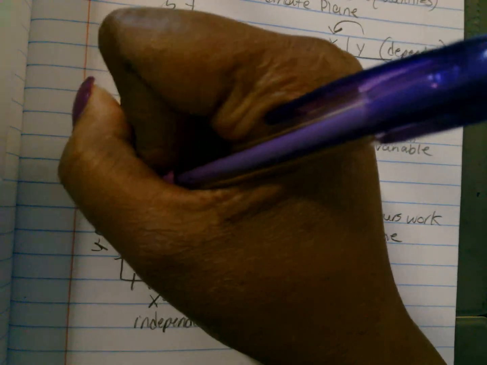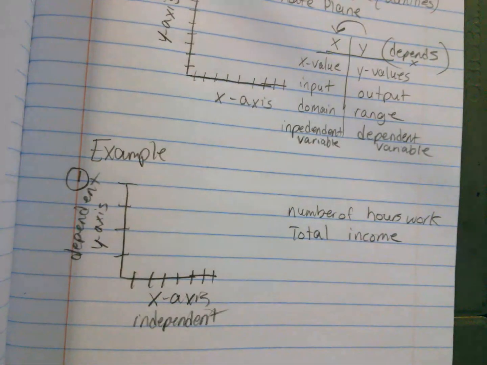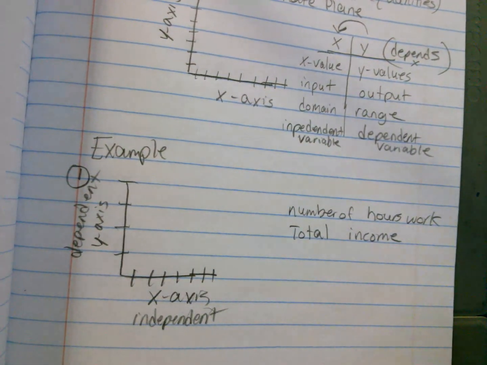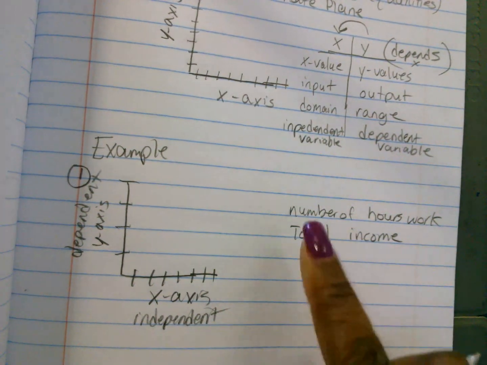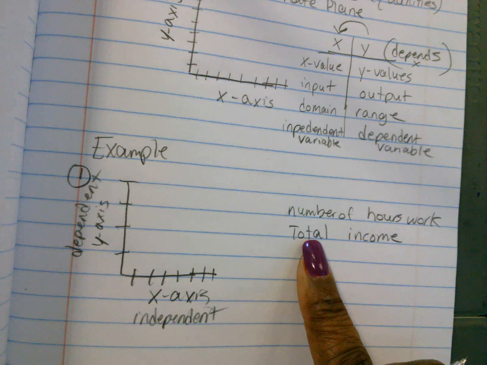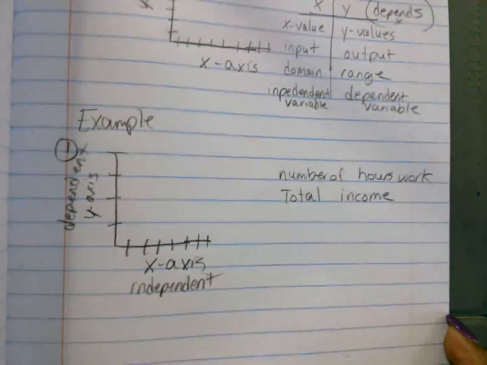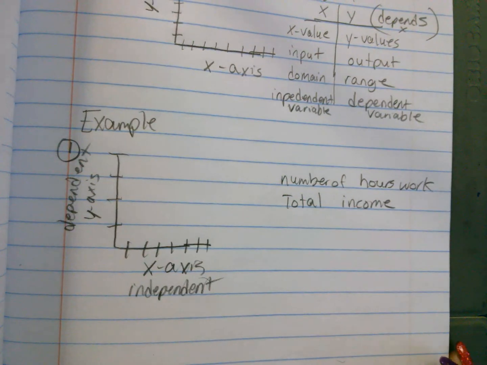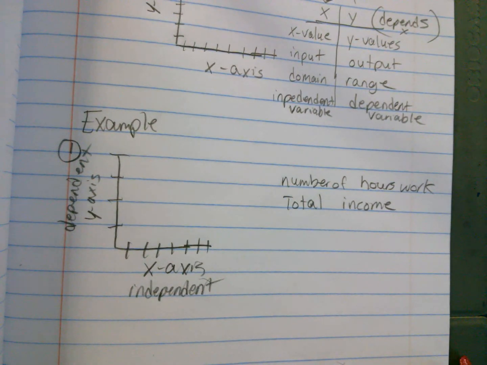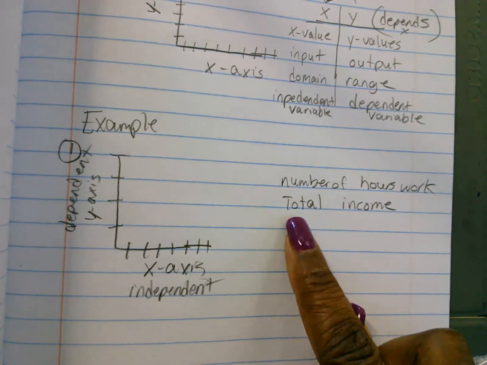And this is your y-axis, where your dependent variable would go. Which is depending on what? Does the number of hours depend on income, or does the income depend on the number of hours that you work?